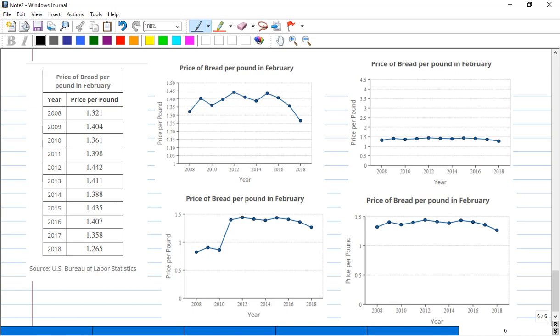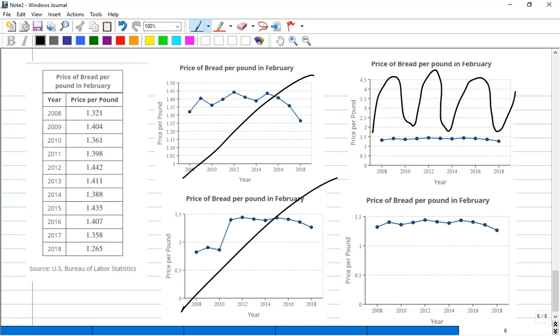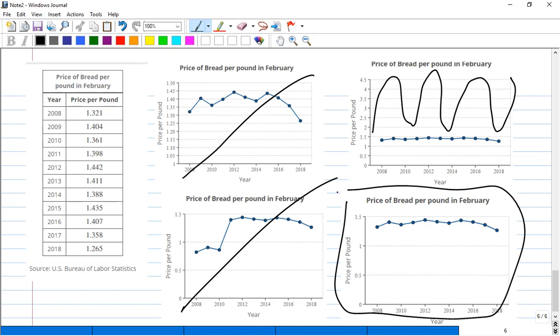So I would think that this one and this one will be out then, because they show big changes where it's actually not that big of a change. Now if we look at these two, this one has all this space up here that's not even being used. So it really doesn't make as much sense. So this one right here would be the best representation.